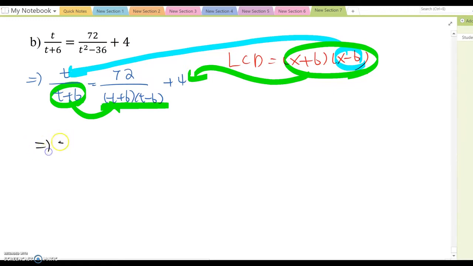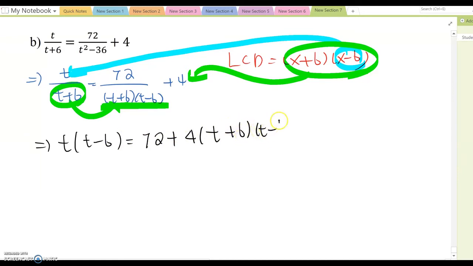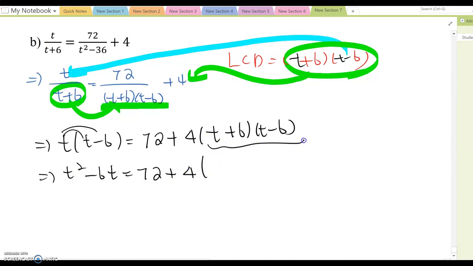Then this becomes t times t minus 6 equal to 72 plus 4 times t plus 6 and t minus 6. Sorry, this is supposed to be t, but I put x. Okay, anyway. So now distribute. Then it becomes t squared minus 6t equal to 72 plus 4 times, so they are conjugates, so it becomes t squared minus 36.